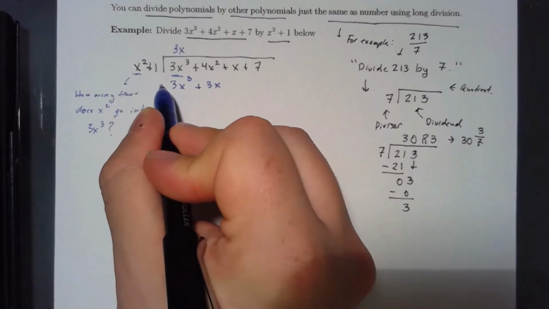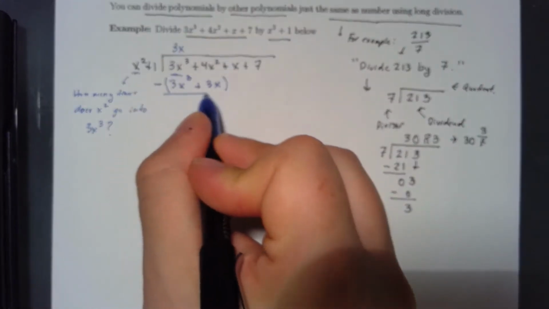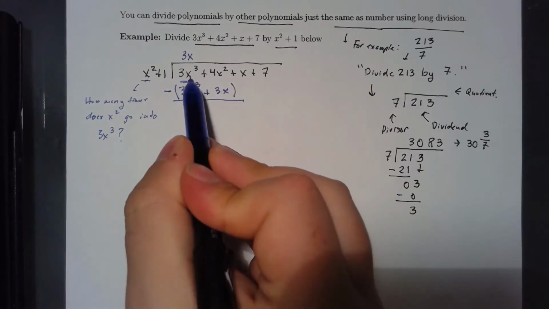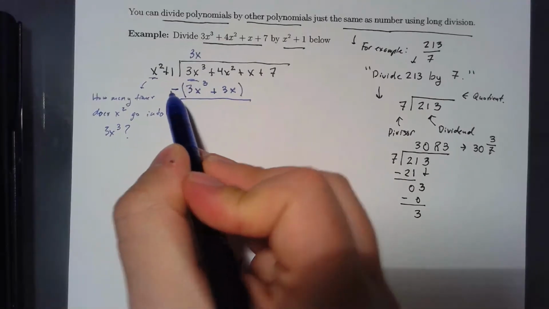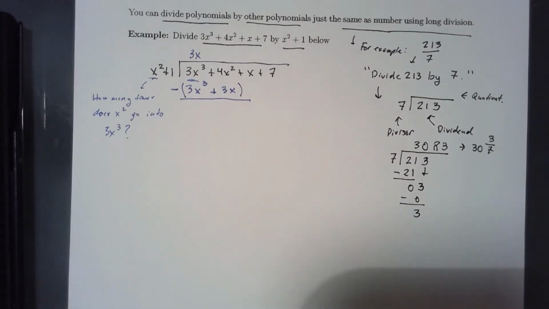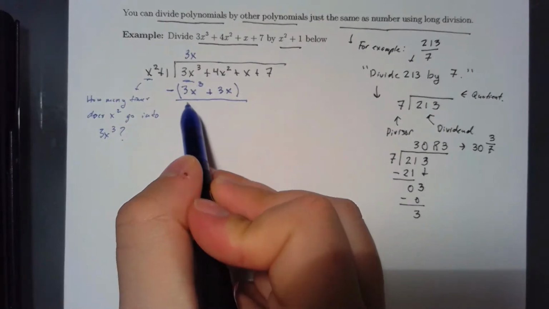Now, 3x cubed minus, and don't forget to put parentheses here, because if you forget to do that, your long division is going to be incorrect. 3x cubed minus 3x cubed is 0.